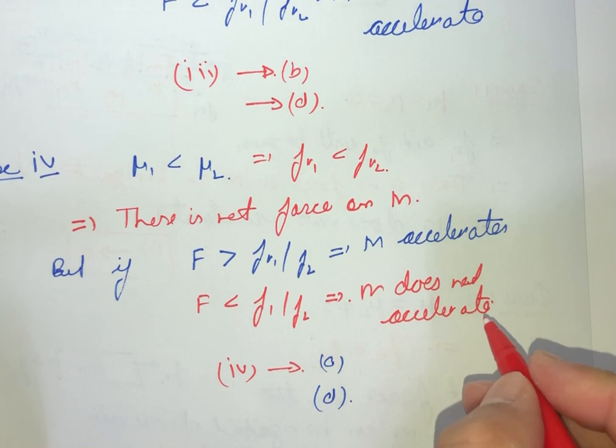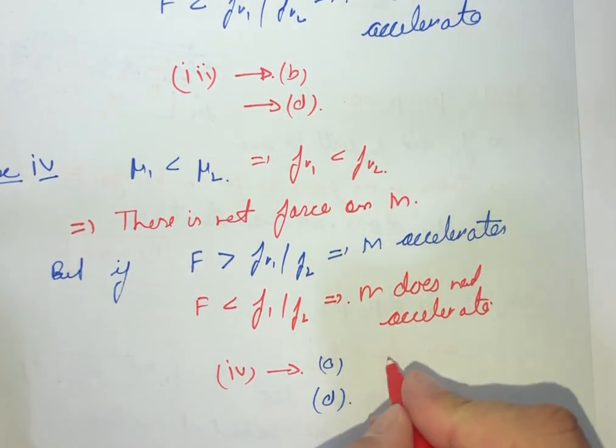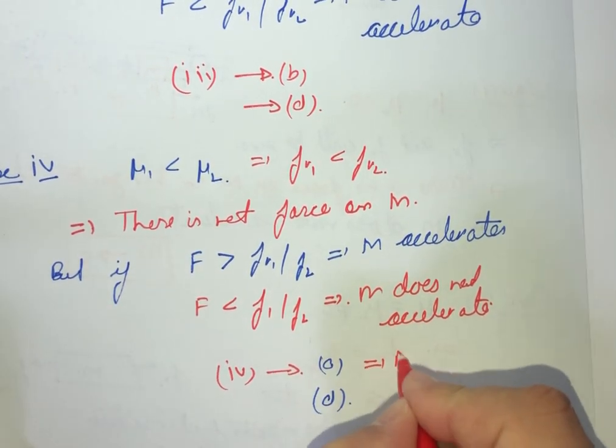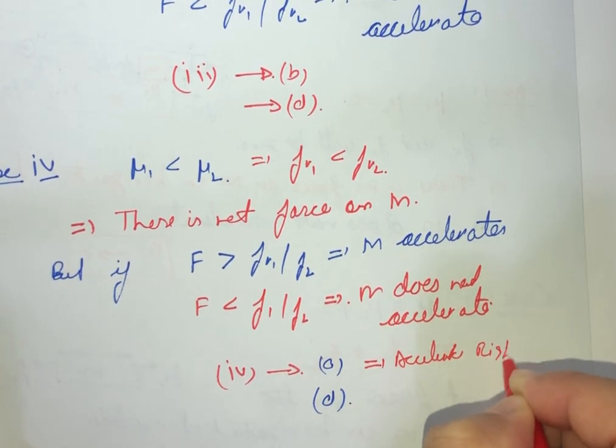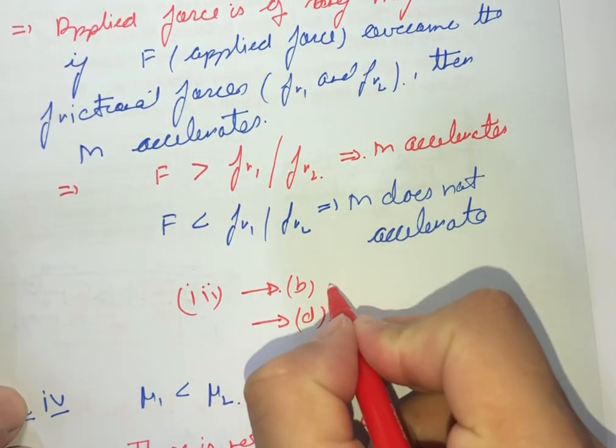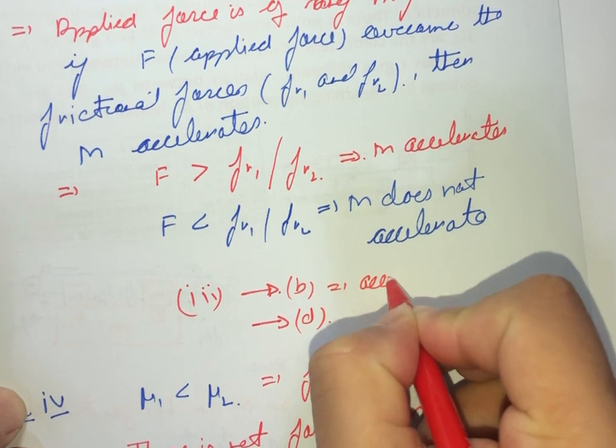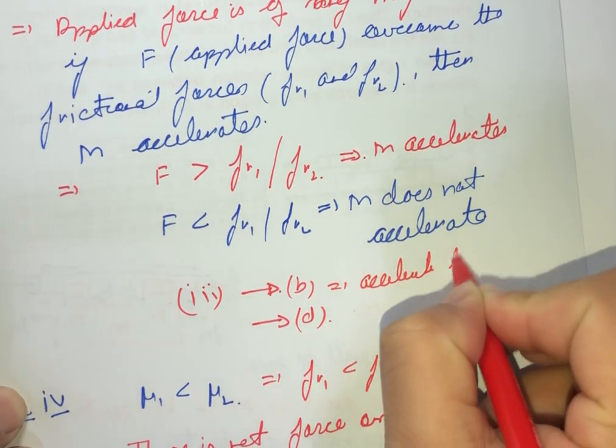Option A states that it accelerates towards the right, and option B is accelerates left.